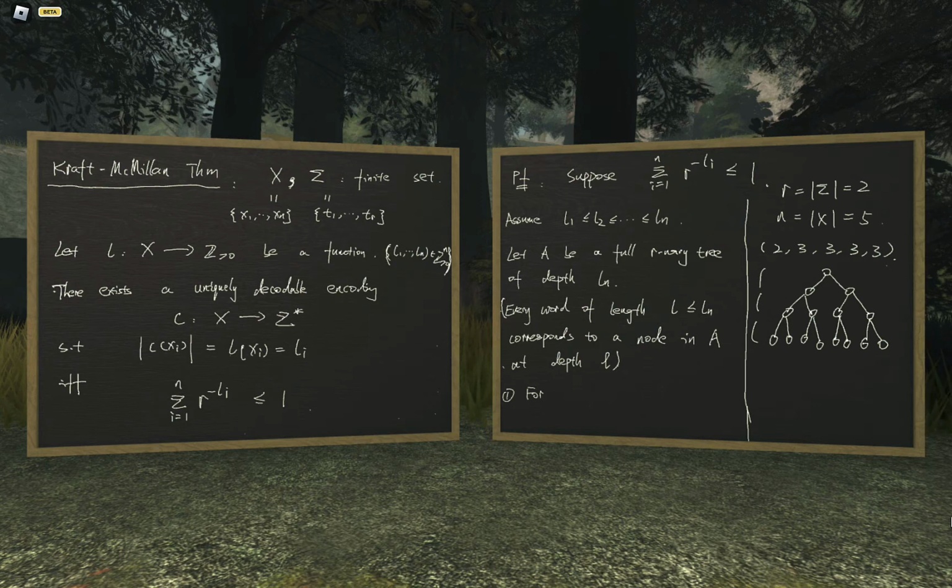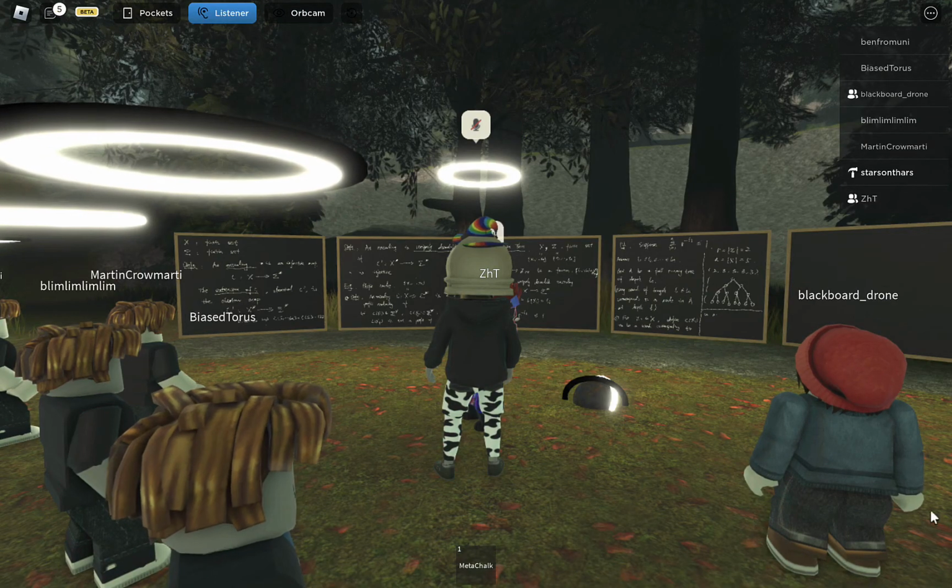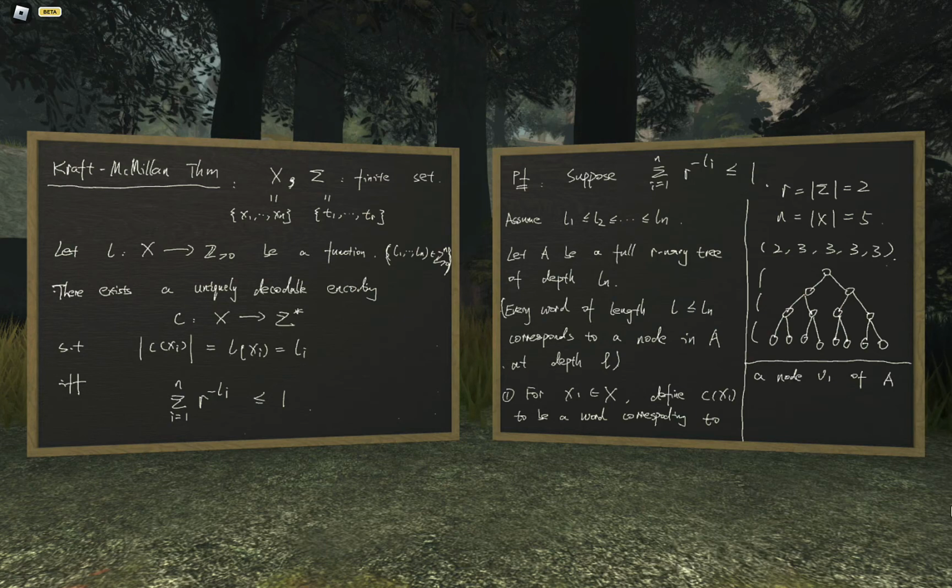For x1, we define C(x1) to be a word corresponding to a node v1 of A at depth L1.